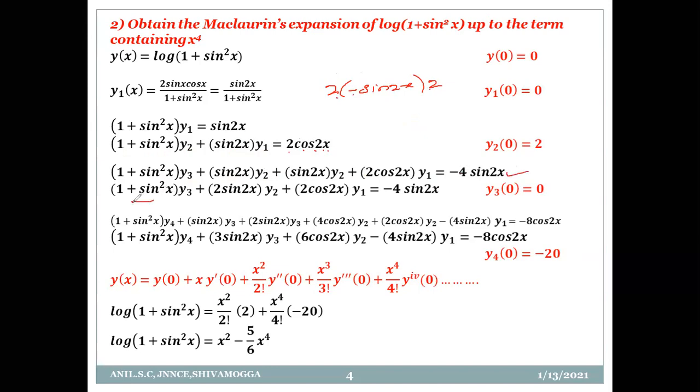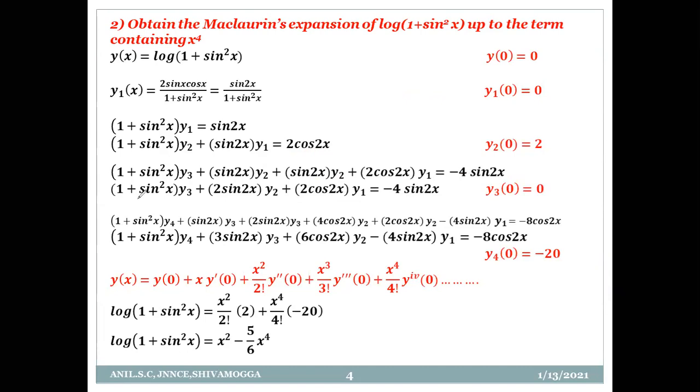Therefore, (1 + sin²x) y3 + sin 2x y2 + sin 2x y2, which is 2 sin 2x y2, plus 2 cos 2x y1 is equal to minus 4 sin 2x. This is the derivative.